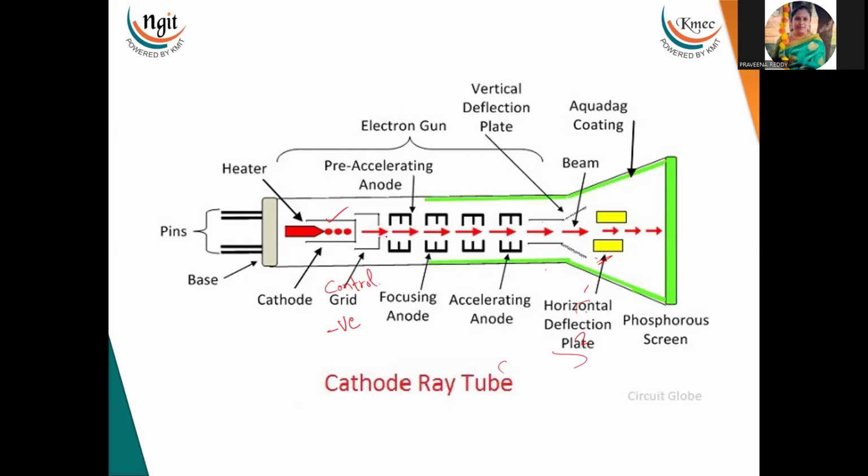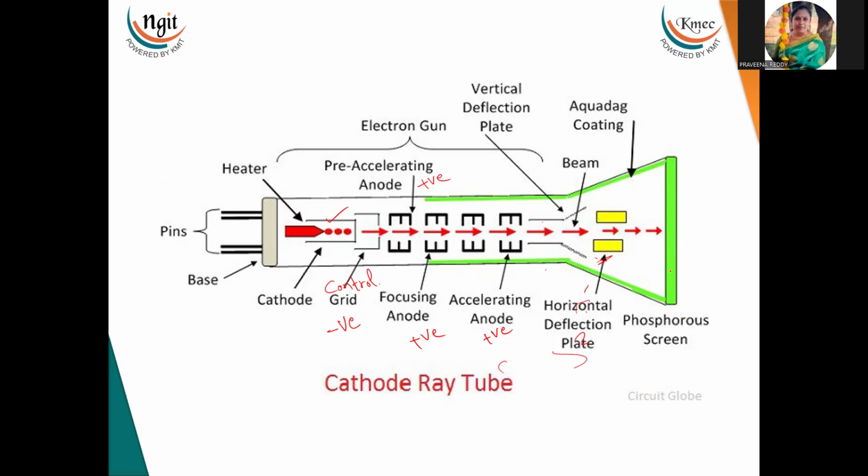That beam is again passed through the anodes. Here we have three anodes: pre-accelerating anode, focusing anode, and accelerating anode. By applying a very high positive voltage to these accelerating anodes, the beam velocity can be increased, and it will move towards the screen through the vertical deflecting plates and the horizontal deflecting plates, and it will touch the screen.